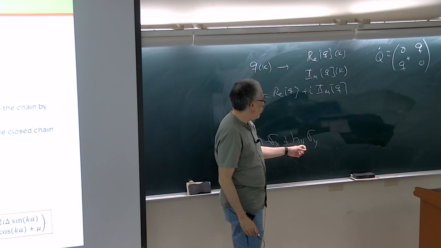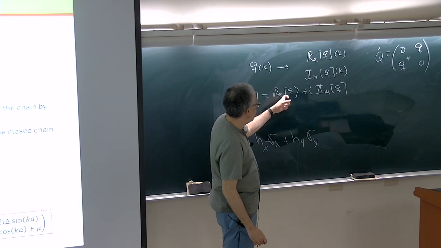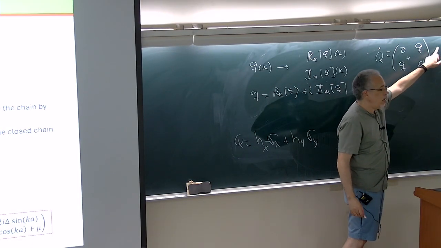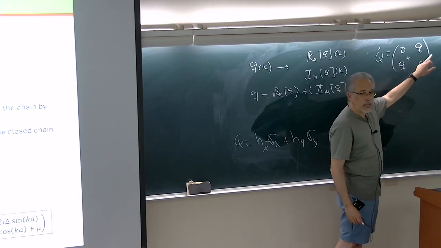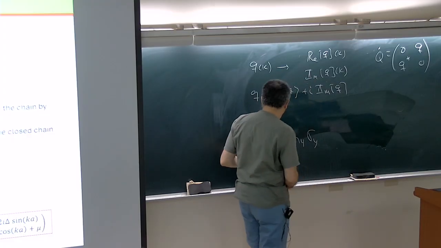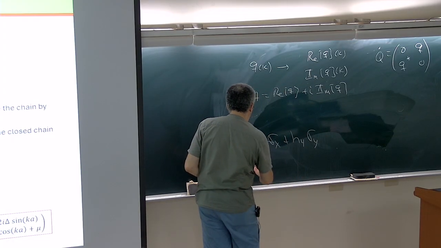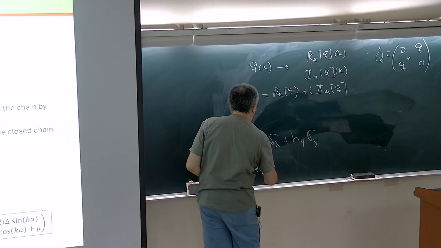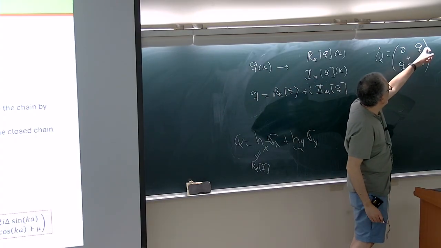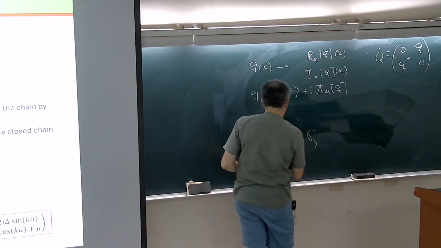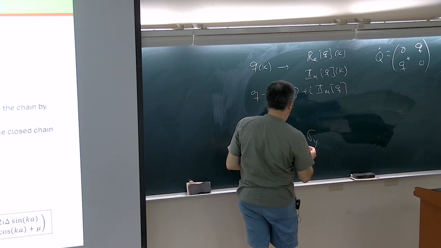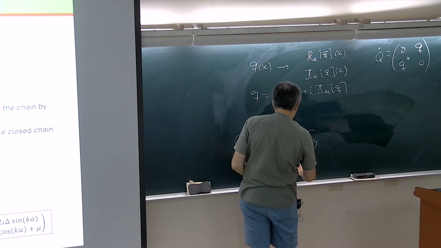This is real part plus i imaginary, this is real minus i imaginary, so it will be real times sigma x. So this hx will be the real part of q, and hy will be, whatever convention you use for this, plus or minus the imaginary part of q.